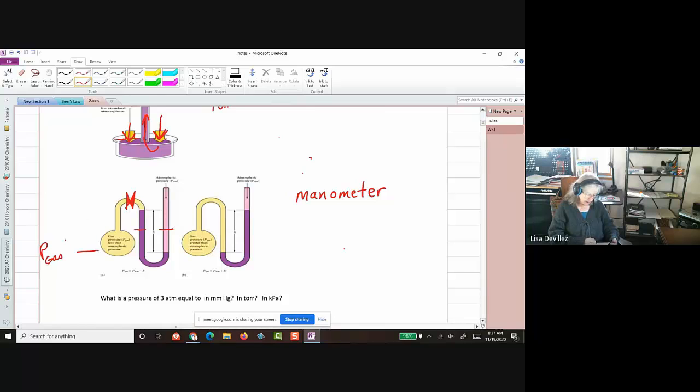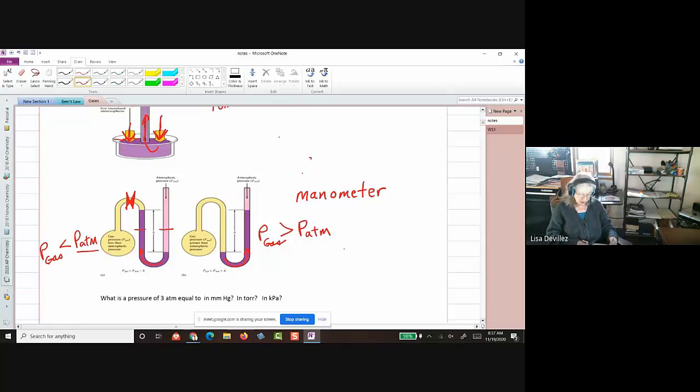This is an example of where the pressure of the gas is less than the pressure of the atmosphere, because when we open up the valve, it shifts in that direction. The higher atmospheric pressure forces it up into the tube towards the gas, whereas over here, the pressure of the gas is greater than the pressure of the atmosphere, so when we open the valve, it shifts the other direction.